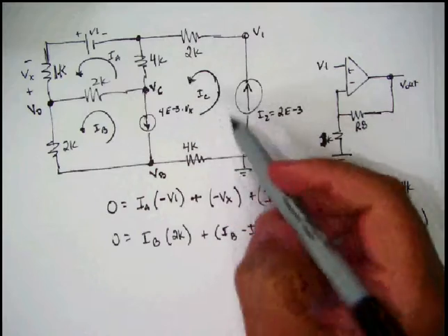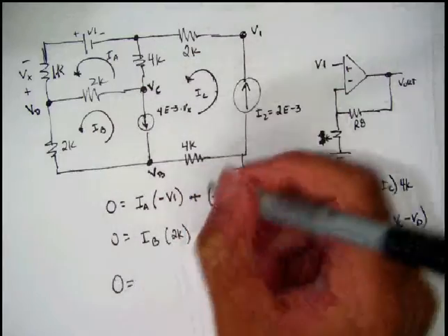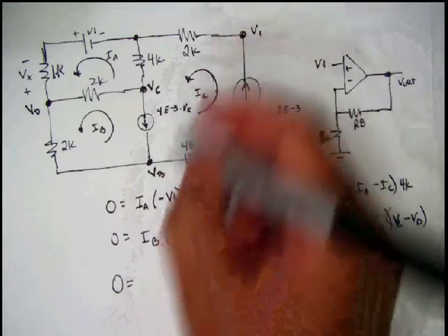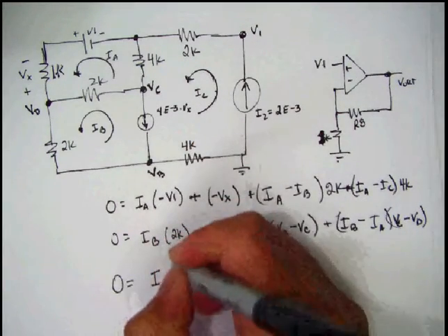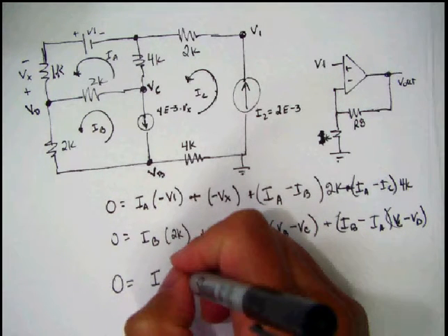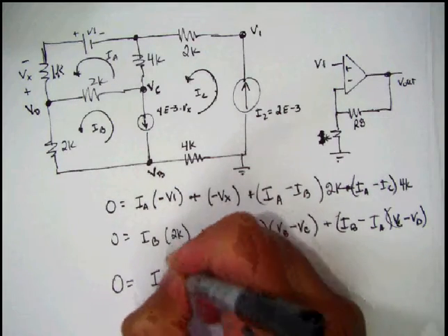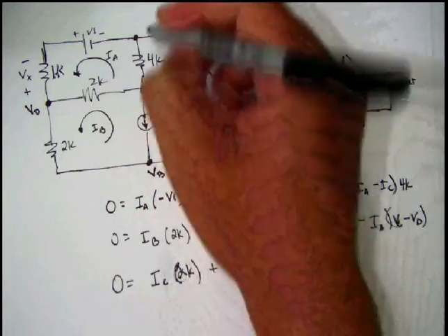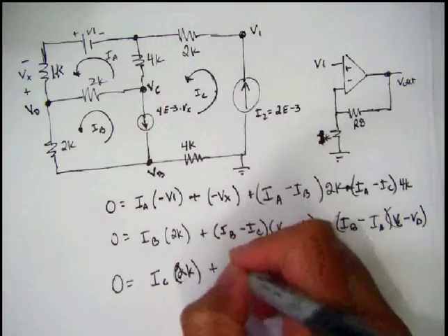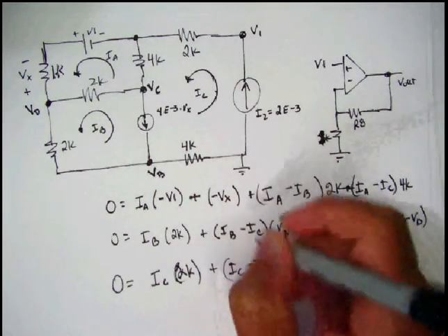Let's do the third loop equation. Let's start right here at V1. So we go through this 2K resistor, so we've got IC times the resistor there, which is just 2K, plus the current IC minus the current that opposes it, which is IA, times the voltage drop.